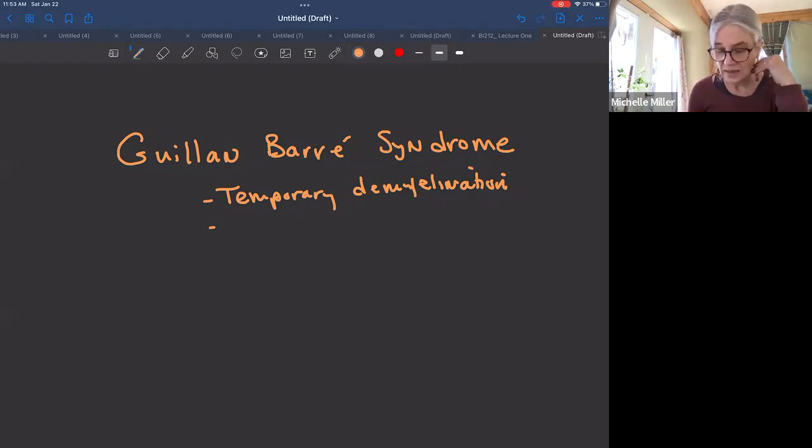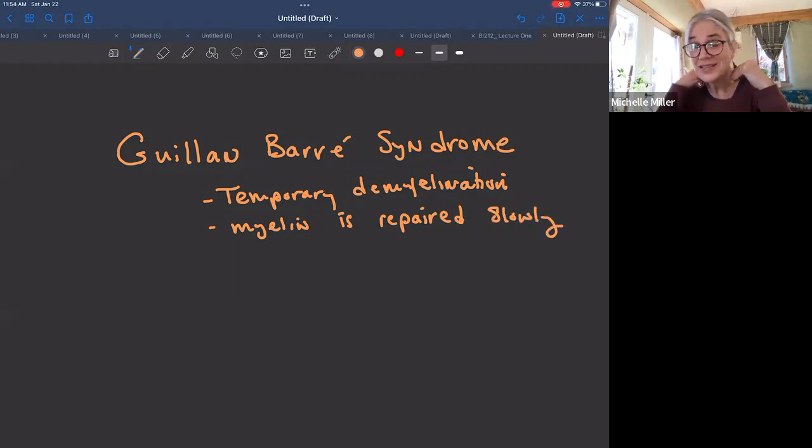In this particular instance the myelin is repaired slowly, over months, if not years. Humans are not the only ones that get Guillain-Barré. I know dogs can get it too. But generally, if it's in an animal, the cost of the rehabilitation period would be just too much.